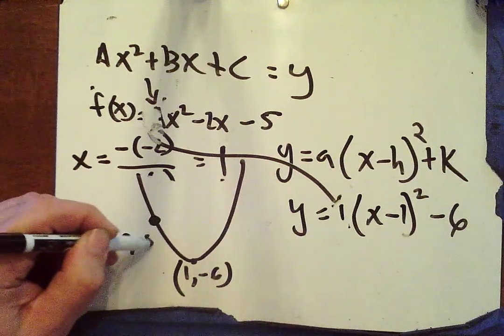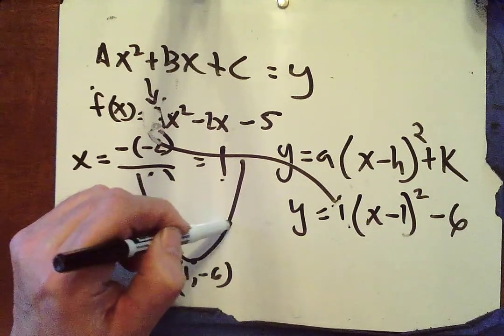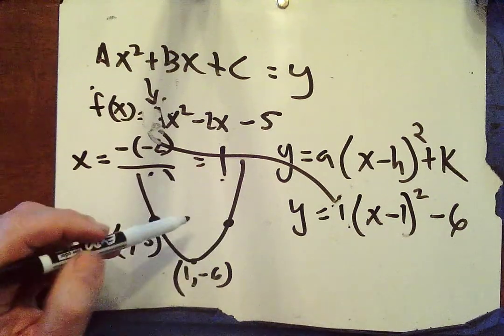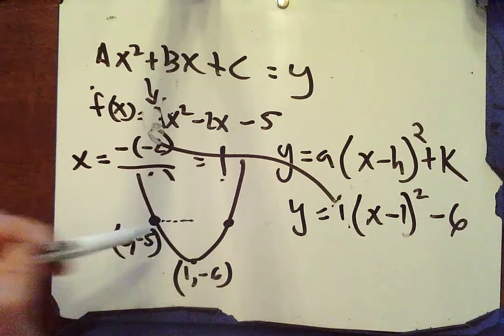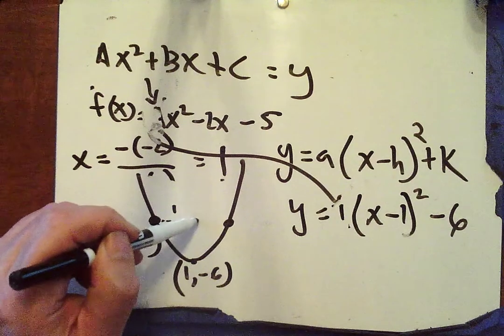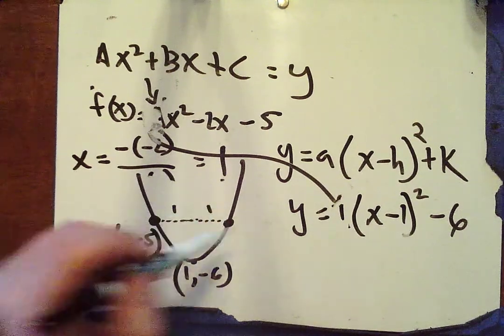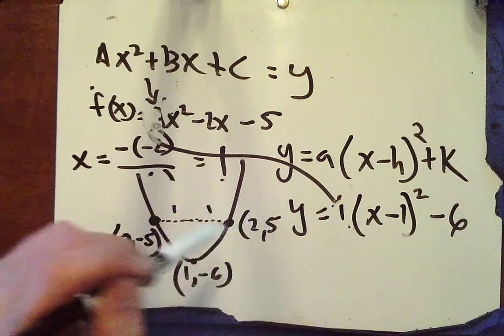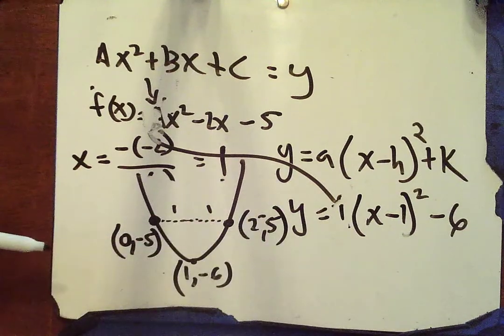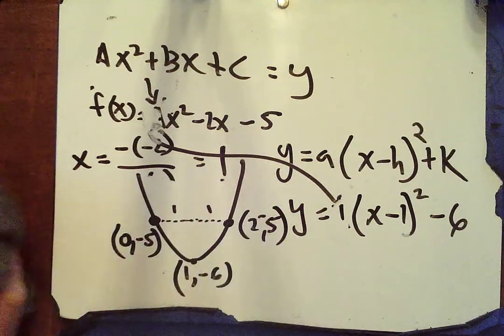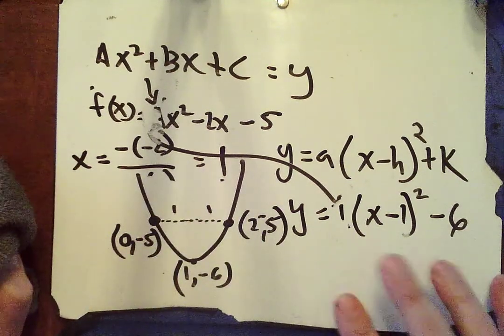And so 0, negative 5. And then with symmetry, I can find that third point. The distance from here to here is 1, so the distance from the middle to the other end should also be 1. And so I get 2, negative 5. Okay? That's graphing from vertex form.